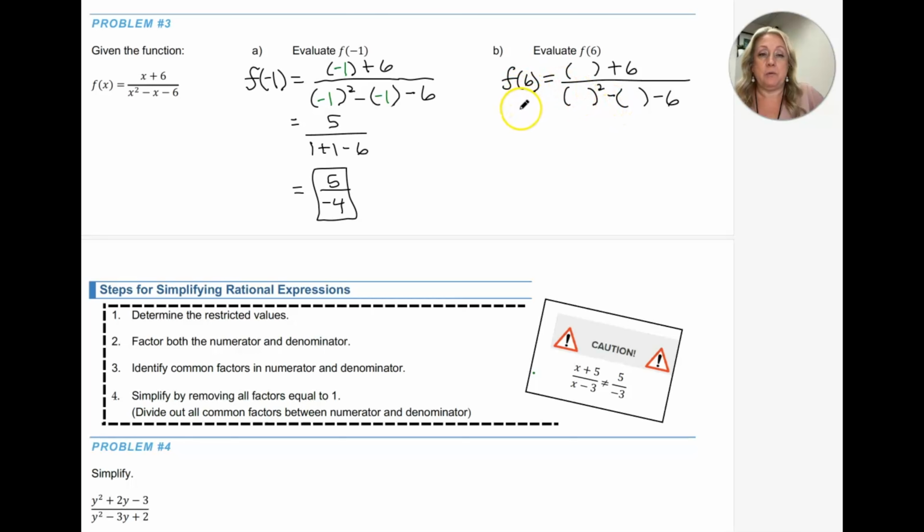This time we're asked to evaluate f of 6. So instead of putting negative 1 in this time, we're now going to put 6 everywhere we see an x. So let's do that.